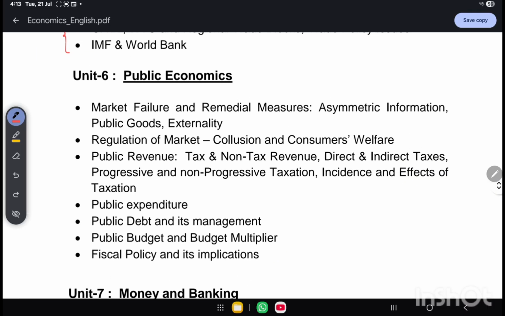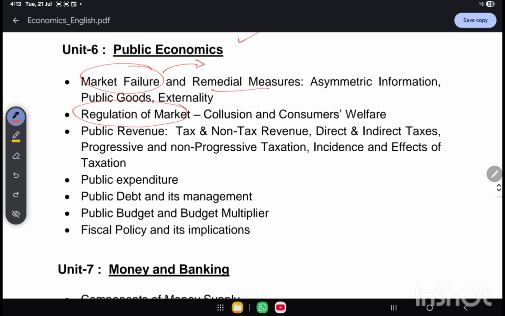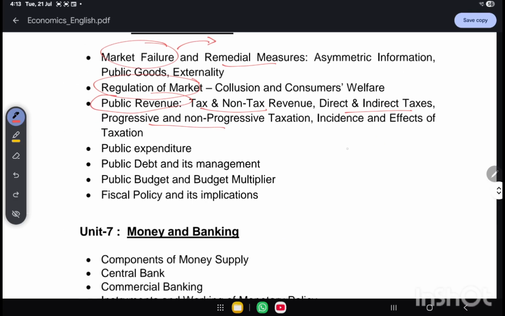And in Unit 6, you're going to learn about public economics related to market failure. If market failure happens, what are the remedial measures, and how you are regulating the market. Public revenue: what are tax and non-tax revenue, direct and indirect taxes, progressive and regressive taxes, the incidence of taxes, and the effect of taxes.